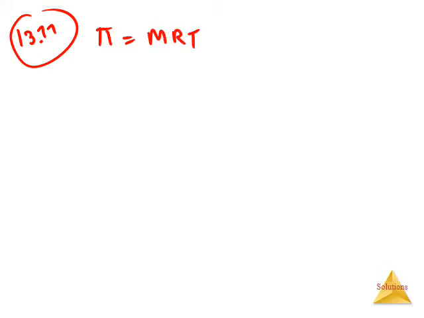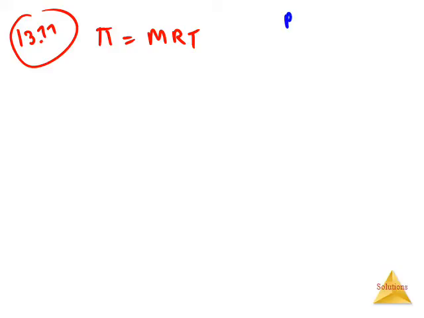Now I'm going to show you how to do problem number 77. In this problem, you're supposed to calculate osmotic pressure. Osmotic pressure is given by pi equals mRT, where m is the molarity, moles per liter, and R is a constant. So let's write down some of these constants.